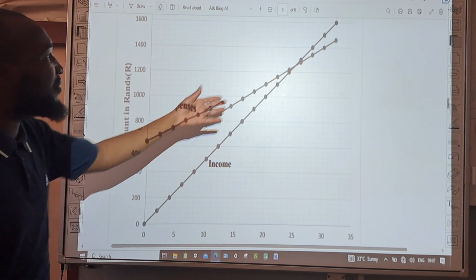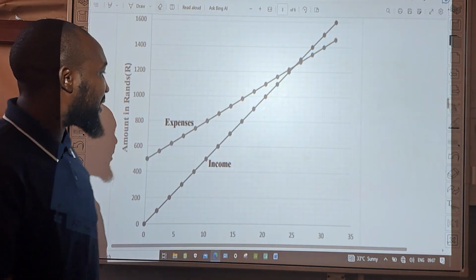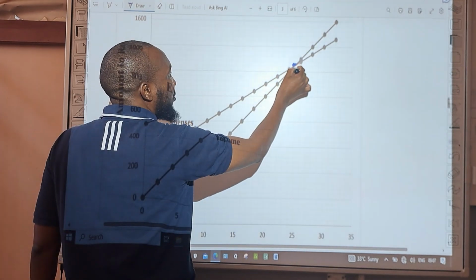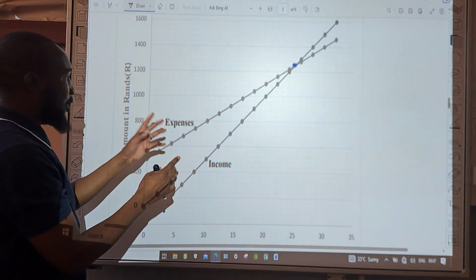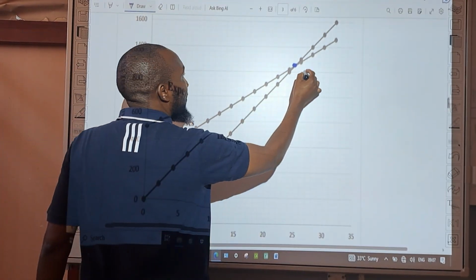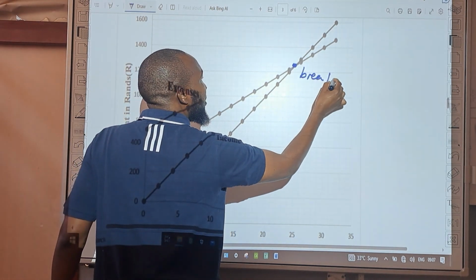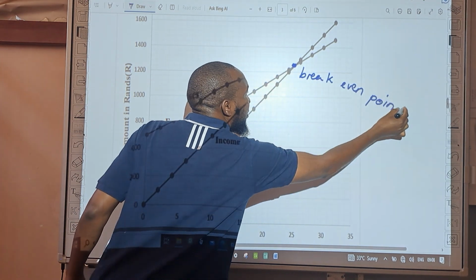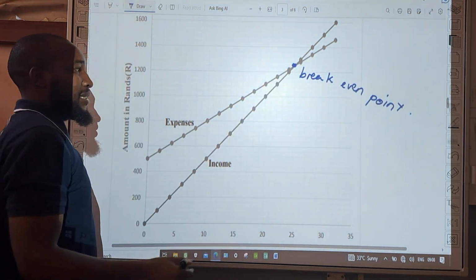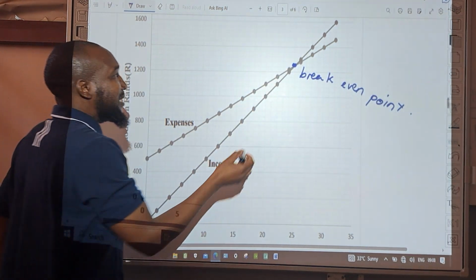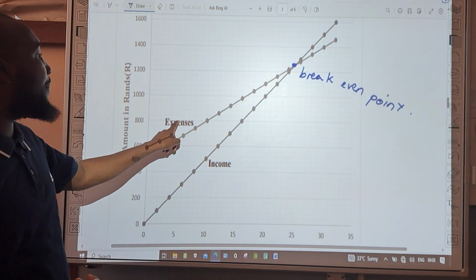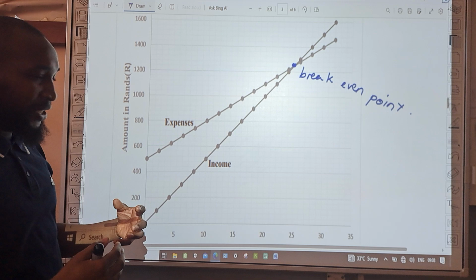But as time goes, you will find that they will intersect. Remember this point where the income and expense graph intersect, this is our break-even point. At this point, what is worth noting is that the amount that you are earning and the amount that you spend on the business are now equal.